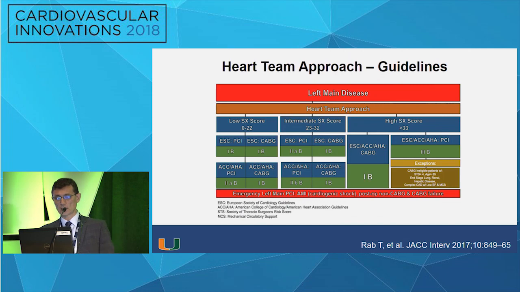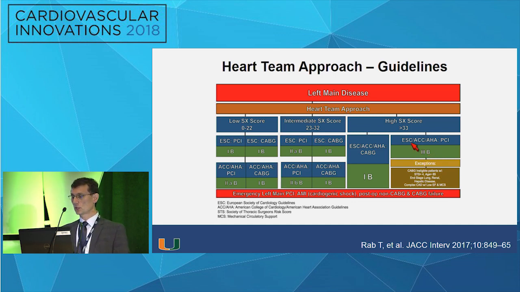So this is what the guidelines say. This is a nice illustration in a JACC Interventions review published last year, and it shows that the Europeans are a little bit more liberal with their definition of indications in patients with left main, and they put PCI at the same level as CABG for low SYNTAX score. Here on this side of the Atlantic, I think our guideline committees are more conservative, and PCI just gets a class 2 indication.